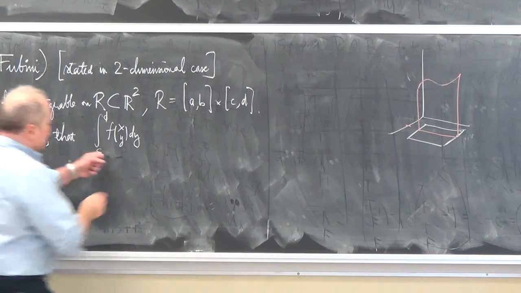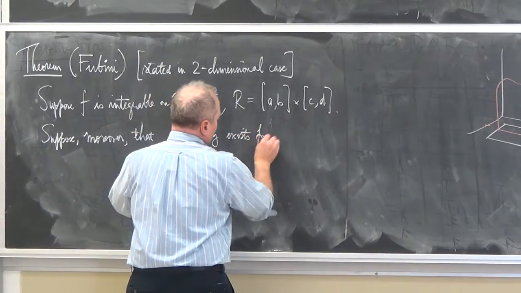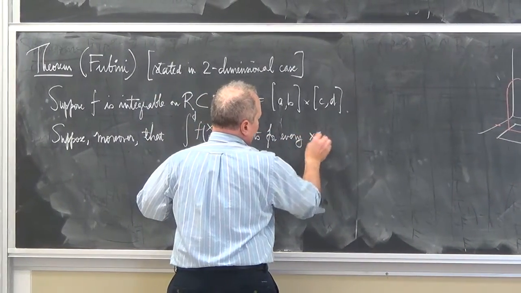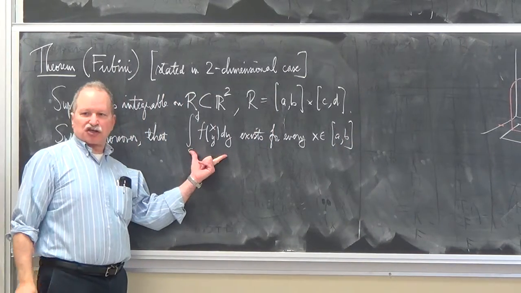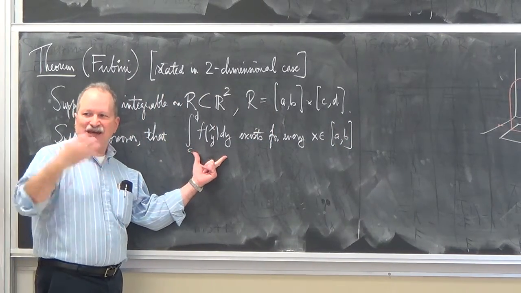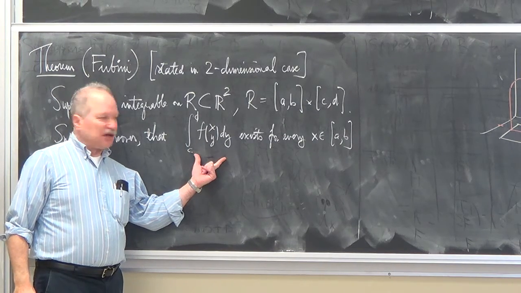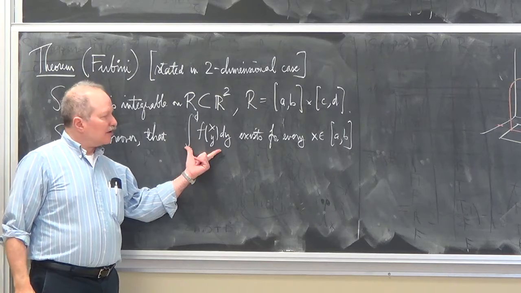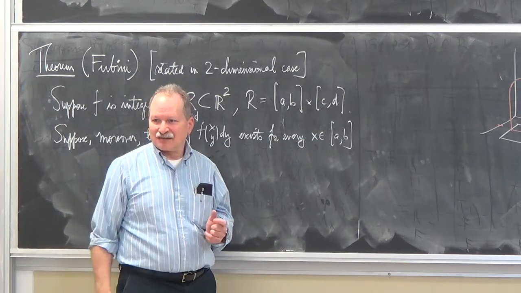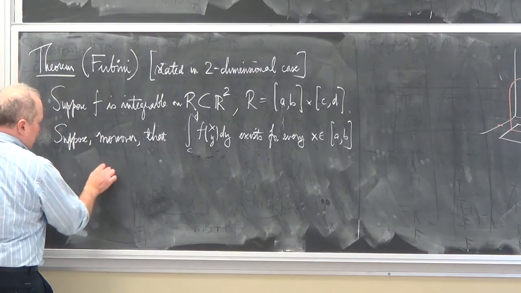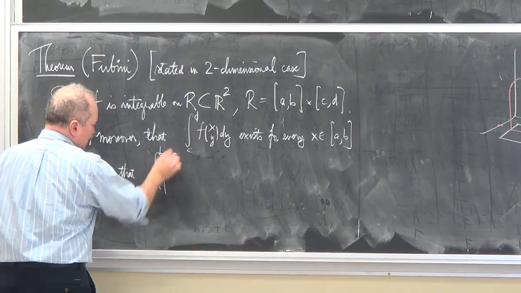So suppose that this exists or makes sense for every x in [A, B], and that net result, that function of x, can be integrated from A to B. I mean, this could exist for every x, but not be an integrable function of x when I'm done. But I'm going to assume that you can in fact integrate that function.